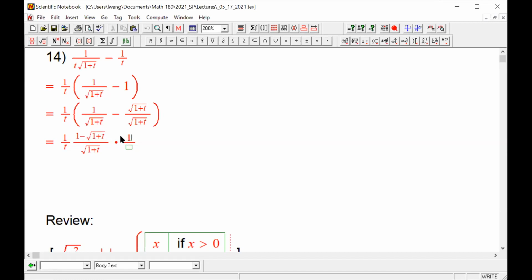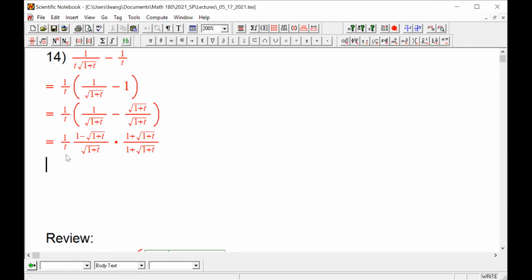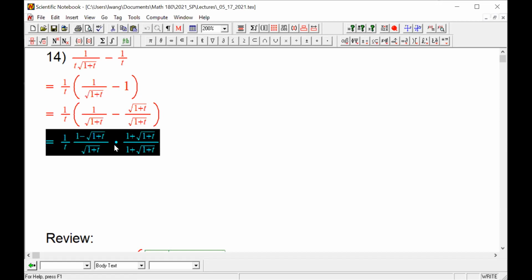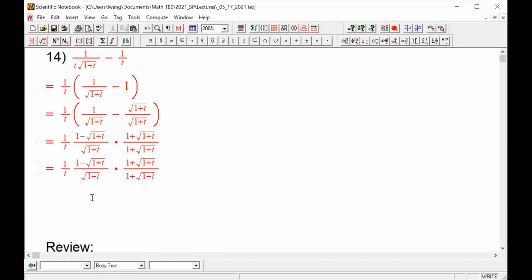So that's going to be the conjugate, 1 plus the square root of t, multiplied by 1. And then you keep the denominator together, and the numerator, so this is gone.